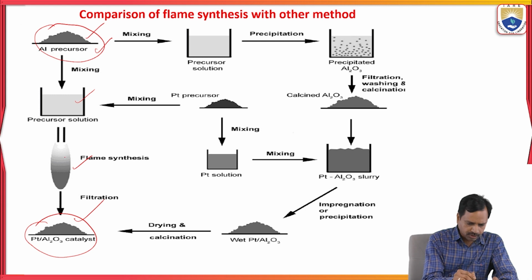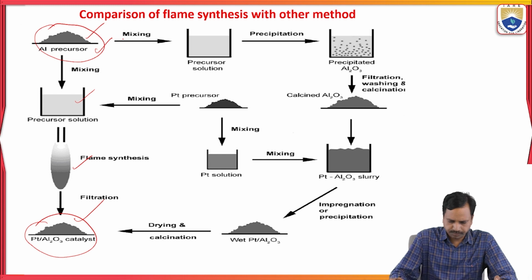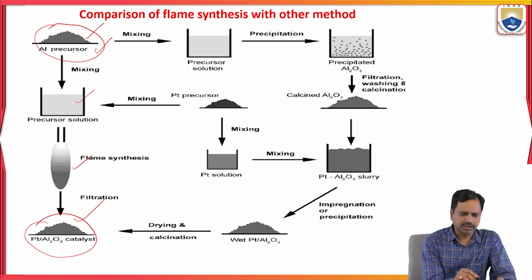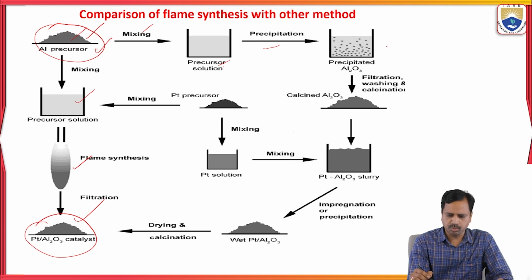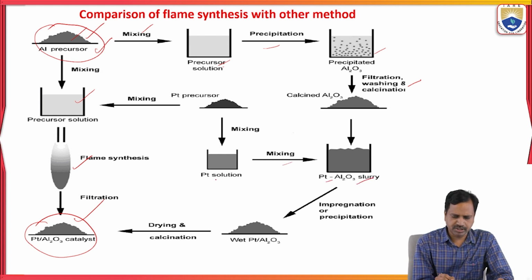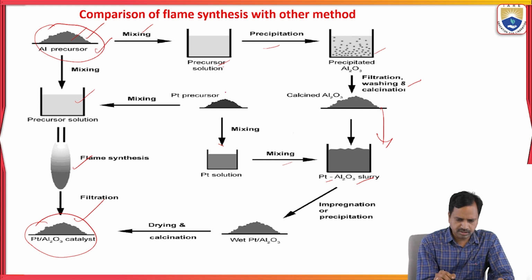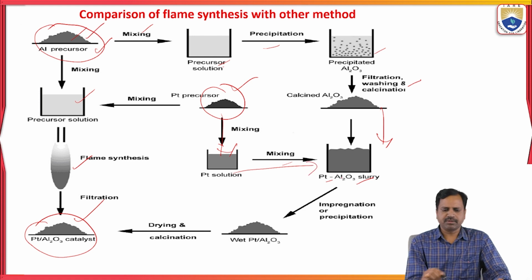From this one, we'll take the platinum doped aluminum particles. Now suppose we see this other method: aluminum precursor and mixing, and this is a precursor solution and precipitation. After the precipitation, we have to go for washing, and then make the platinum and aluminum slurry, and mixing. Again we'll take the platinum precursor and mix, and we are mixing the platinum doped aluminum from this side.